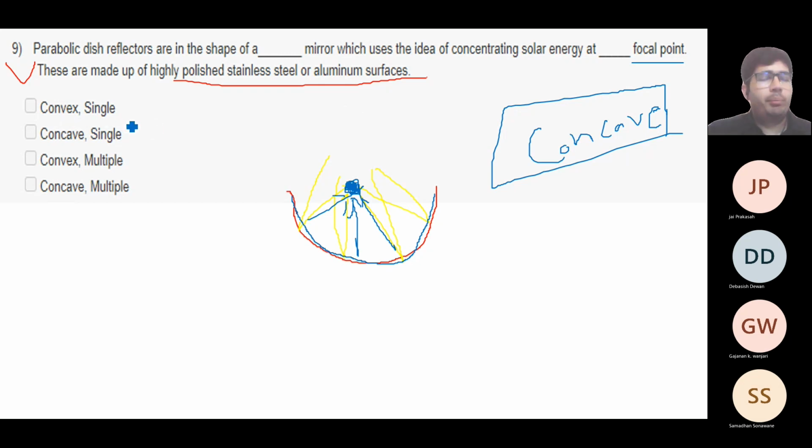These are made up of highly polished stainless steel or aluminum tubes. So the correct option will be concave and single. These are incorrect, because multiple is not correct, and we are using a concave mirror. So option B will be correct.